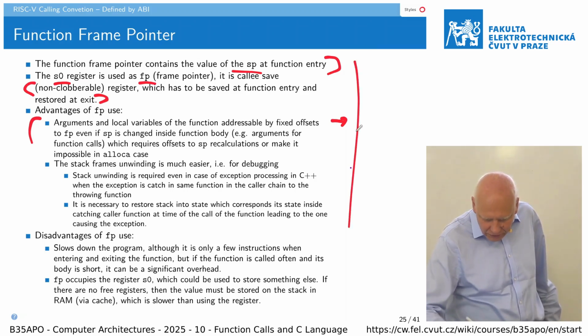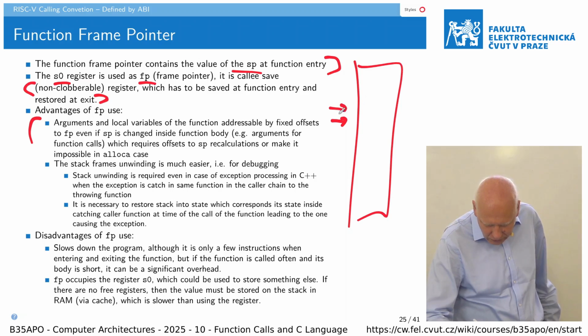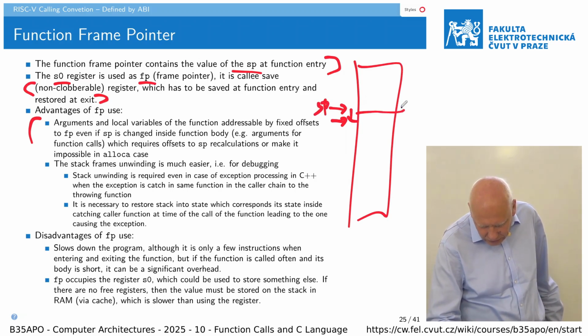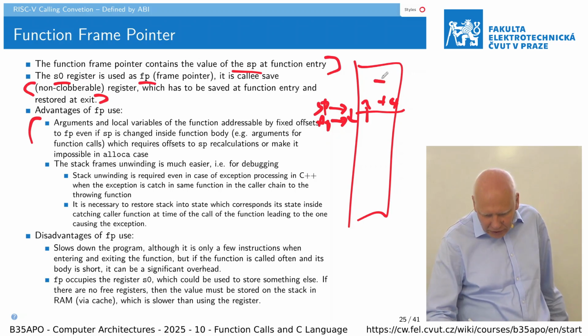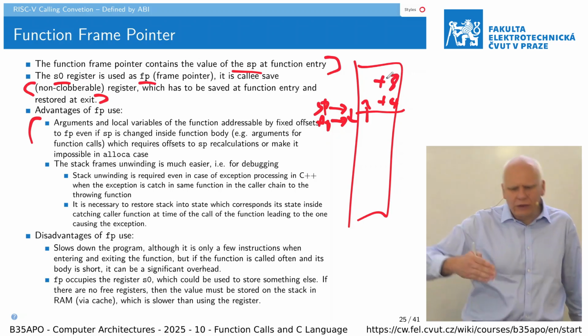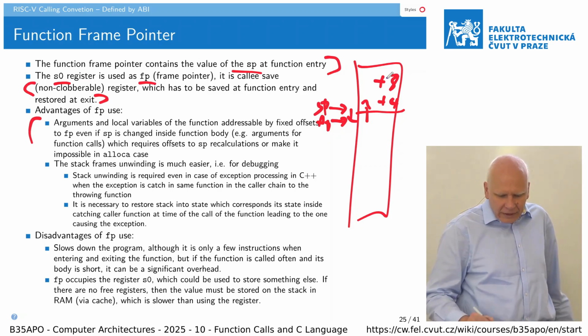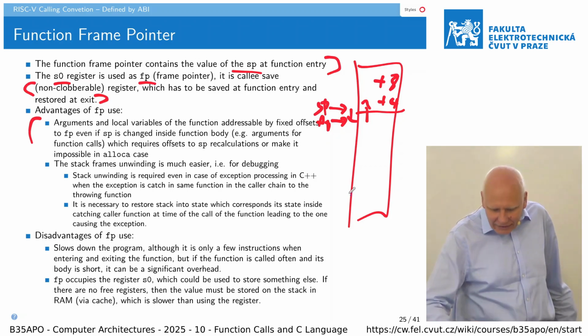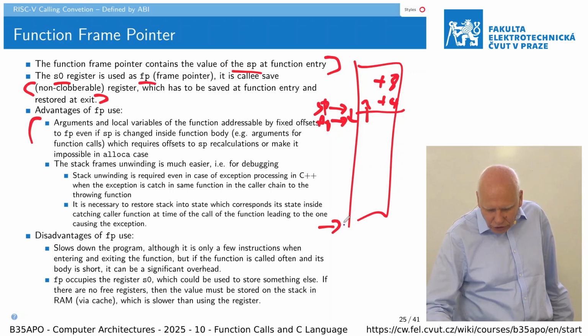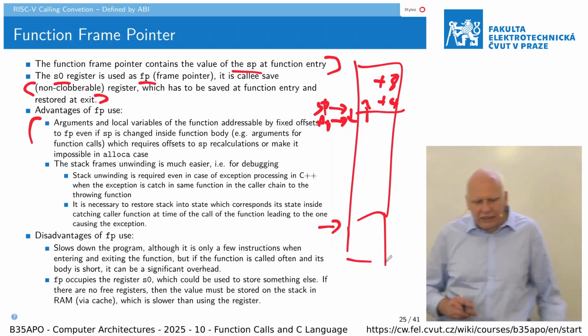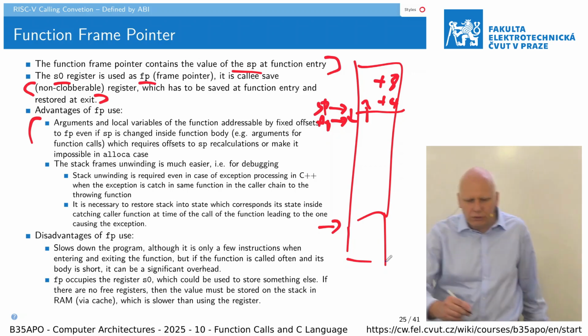There was the original SP, and the frame pointer usually moves one down, so plus 4 is the first argument, that is, the first argument which does not fit into the registers, and so on. So it makes it easy and allows us to change the value of the stack pointer without needing to take care of different offsets to the arguments.